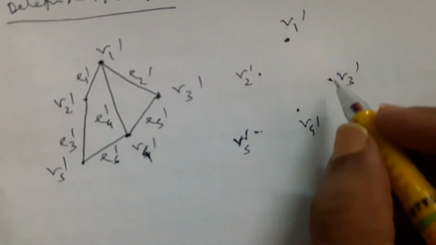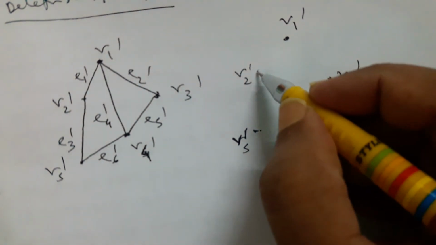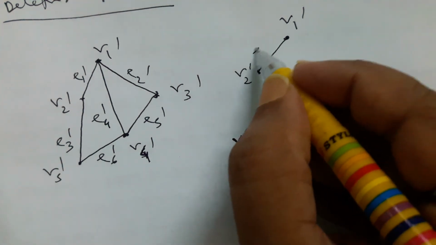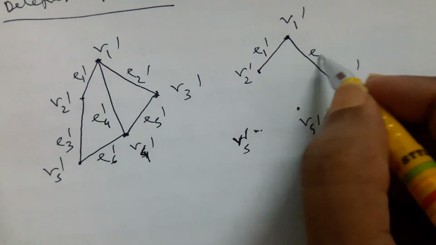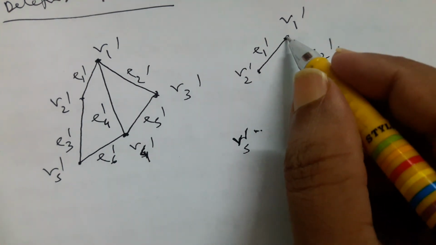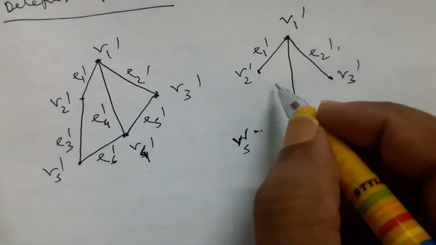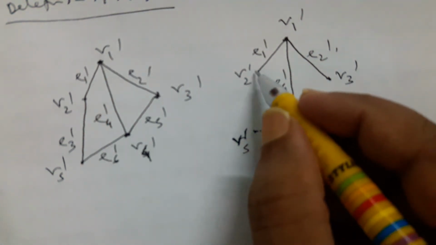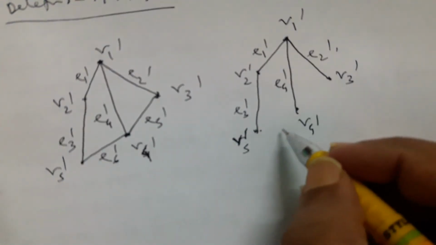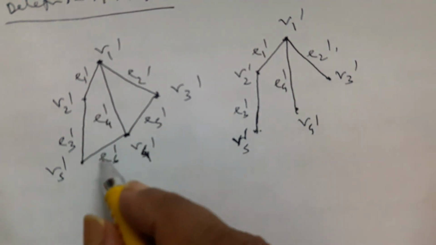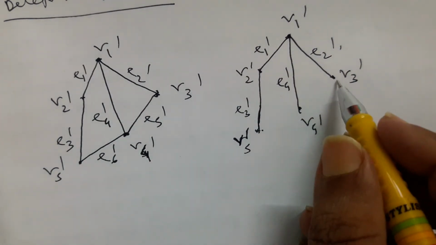Now the edges, without deletion: e1 dash, e2 dash, e4 dash, e3 dash, and if we delete the two edges e5 dash and e6 dash, we get this result.